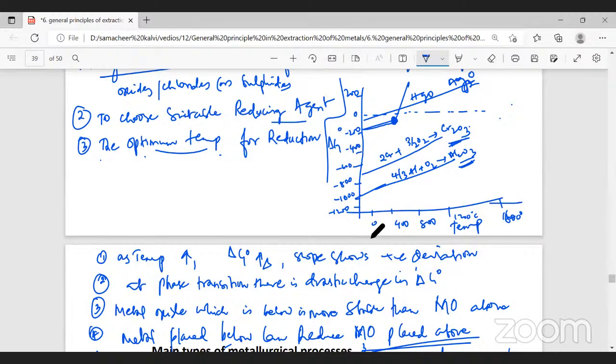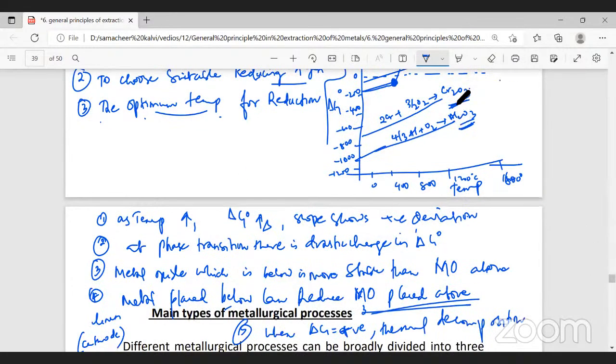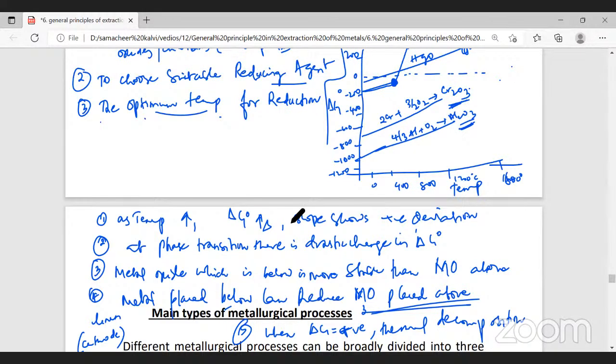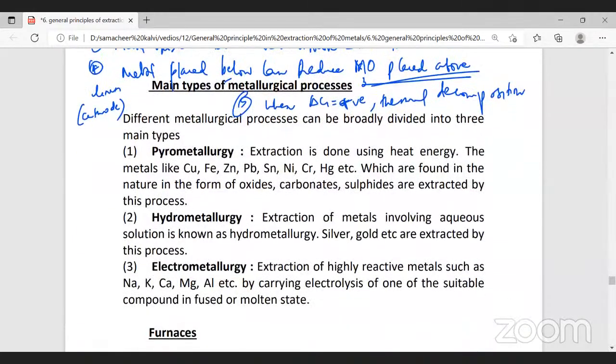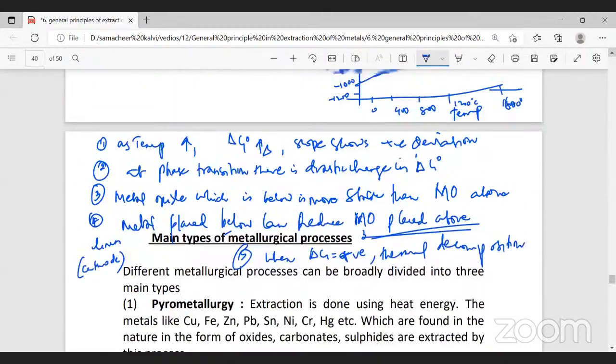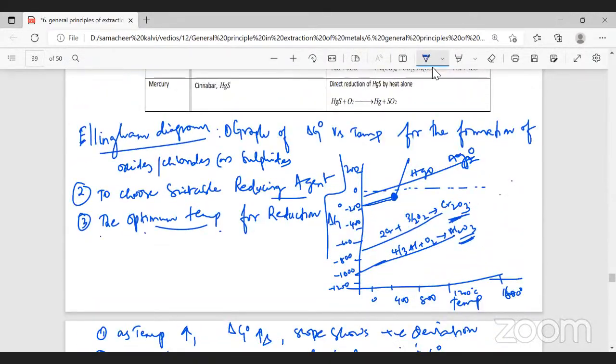The next one is, at phase transition, there's a drastic increase in standard free energy change. The third point, the metal oxide placed below is more stable than the metal oxide placed above. The metal placed below can reduce the metal oxide placed above. And the fifth point is, when delta G becomes positive, it undergoes thermal decomposition, no reducing agent required. So these are the characteristics of Ellingham's diagram. Did you follow this?